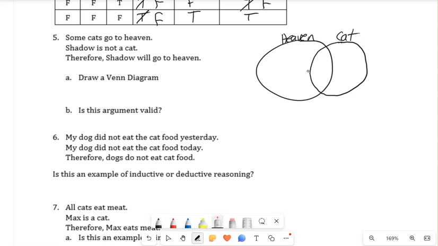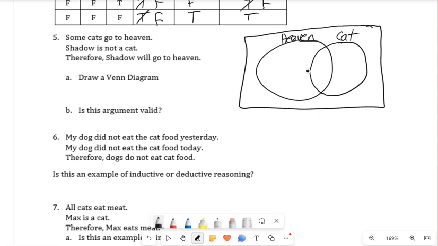So Shadow could either be here or, I don't know, is there a universal set? So this gets into questions that I don't usually deal with in mathematics. Is there something else besides heaven?